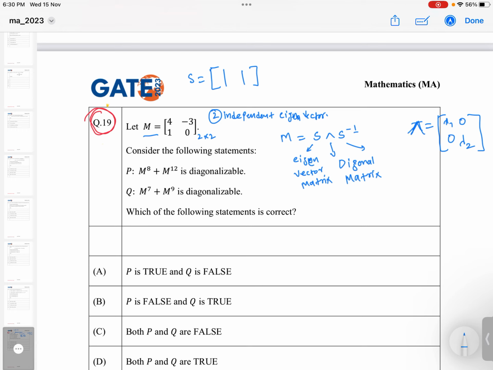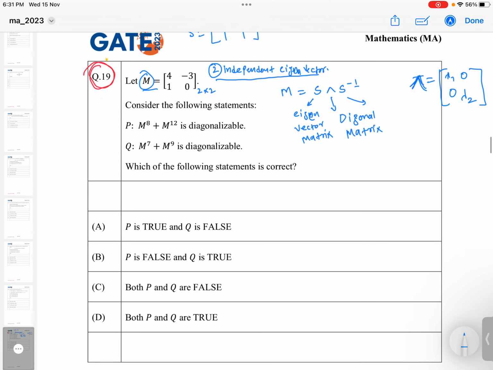So this is lambda. I hope you got the idea of how we can diagonalize a matrix, right? First of all, we have to check if this M is diagonalizable or not. For that, we have to check whether we are getting two independent eigenvectors. It is easy to check.